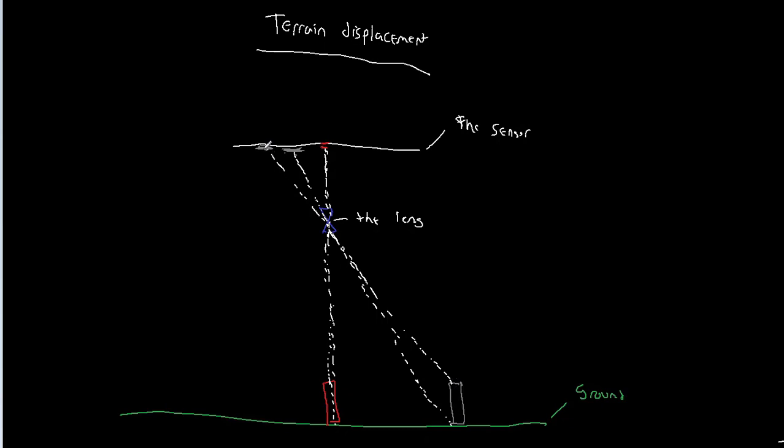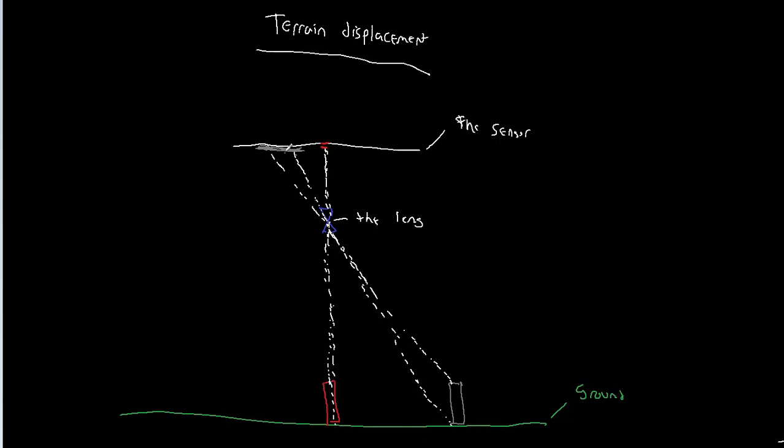The top was here and the bottom was here. So rather than it being a square, now it's going to be this sort of elongated rectangle. And you'll be able to see the sides of the object, even though it's a vertical straight object, just like the red one was.